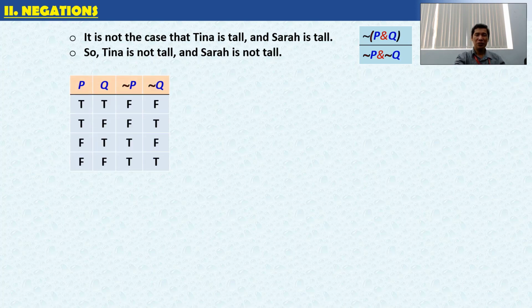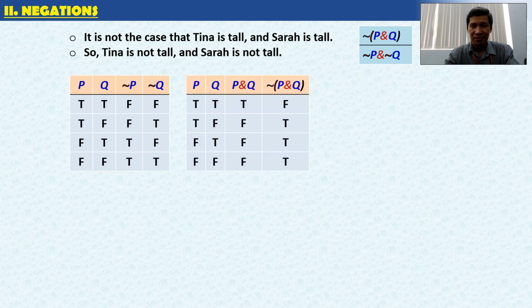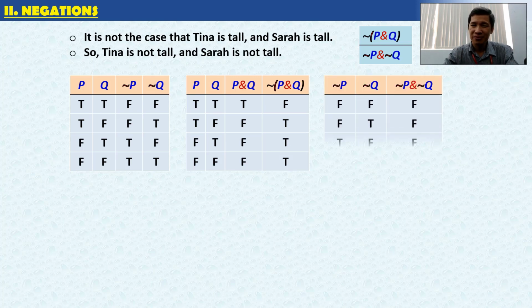We need P, Q, not P, not Q. True, true, false, false, and not P, false, false, true, true. Q, true, false, true, false, not Q, it's going to be false, true, false, true. Okay, we need the conjunction P and Q. Then we have not the case P and Q. We need the conjunction of not P and not Q, getting from the values of column not P and column not Q.